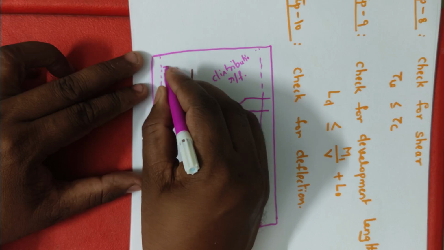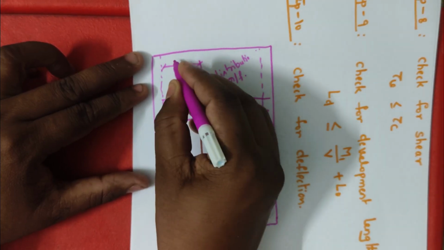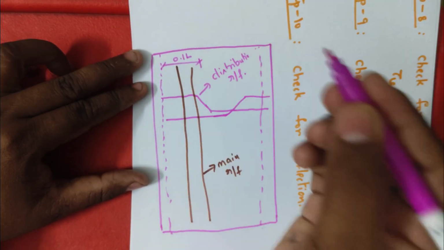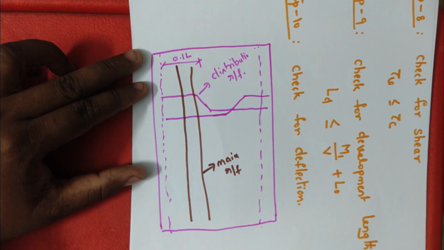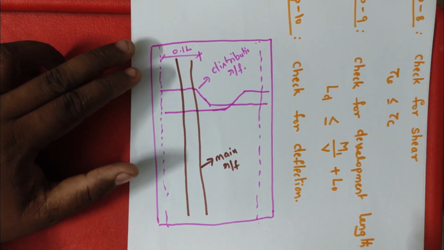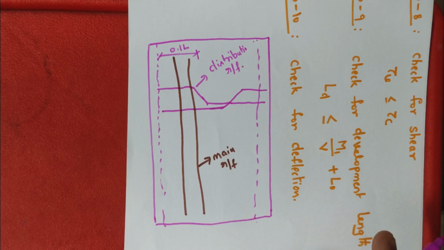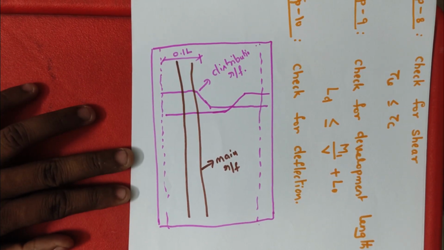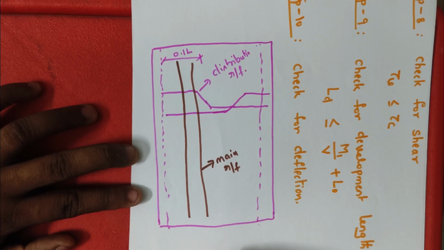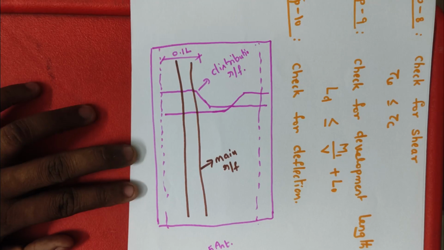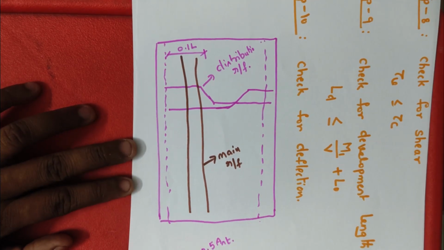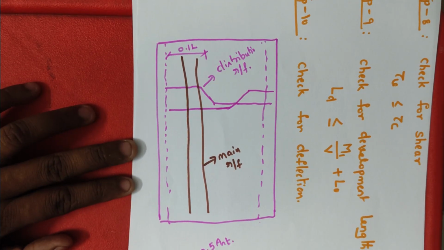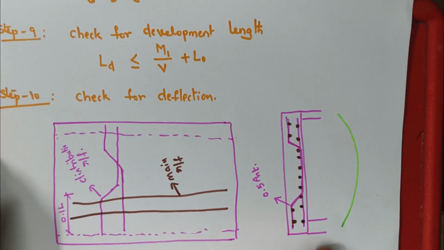This distance will be 0.1 L. Generally, we will take 0.1 L. We need to bend at least 0.5% of the area of the steel. That we will discuss in future. This is about the detailing of one-way slab.